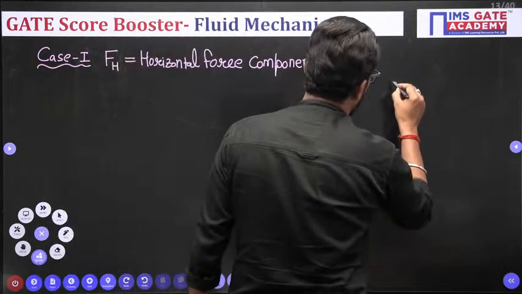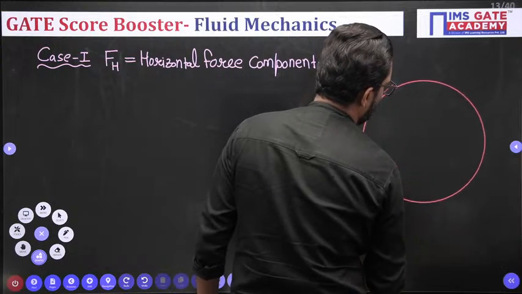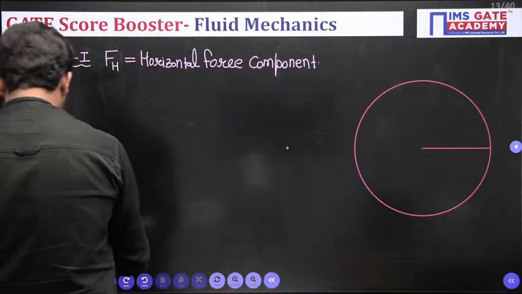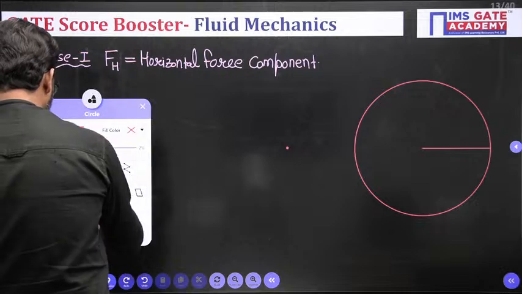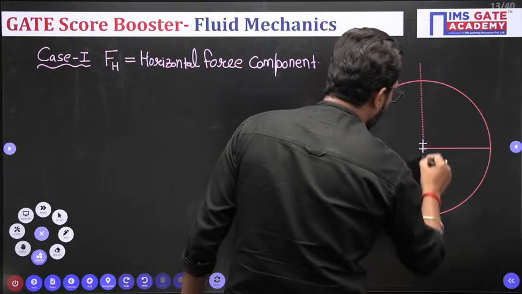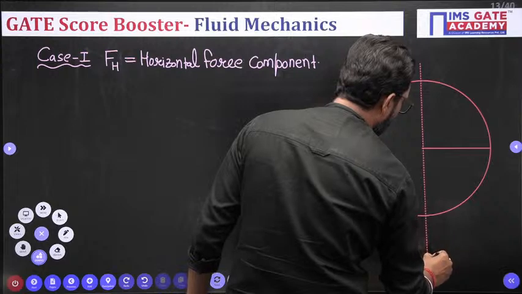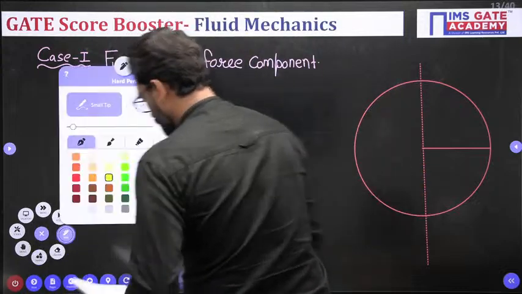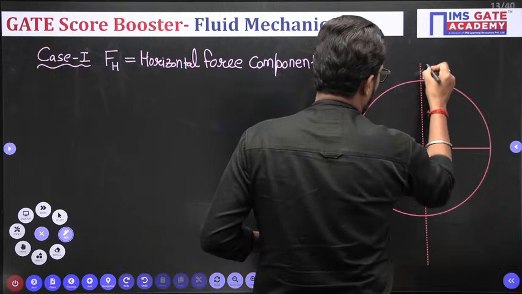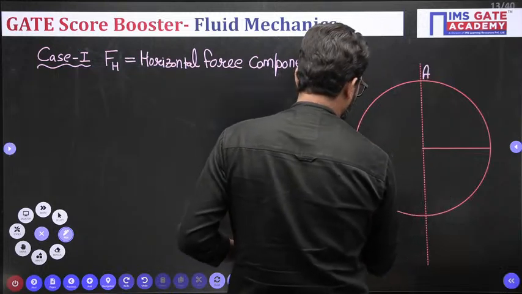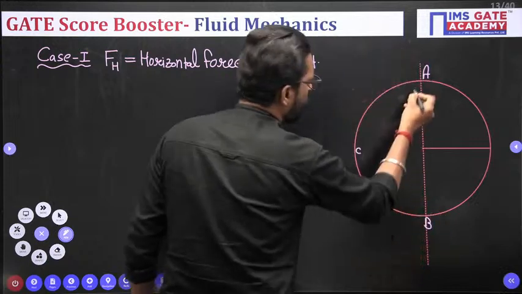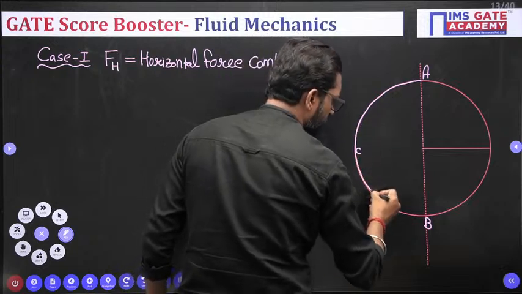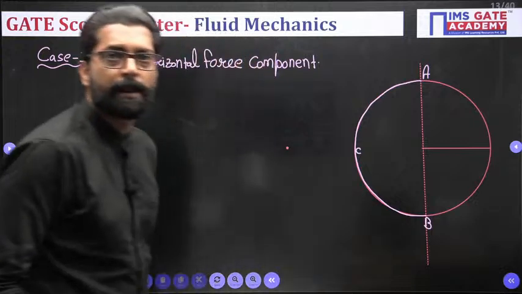So this is the curve portion, this one, this is your A, C, and this is B. This is your curve portion. It is given in the question.